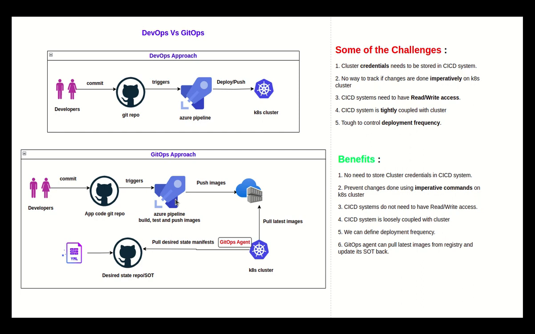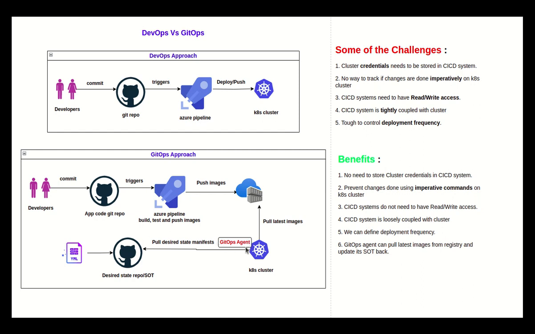So now this pipeline will target this repository. Let's say if it has built a new image, then it will update the manifest file which is present in this repository. On the Kubernetes side, what we do is we deploy a GitOps agent.